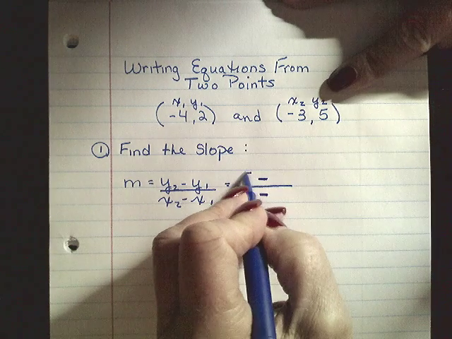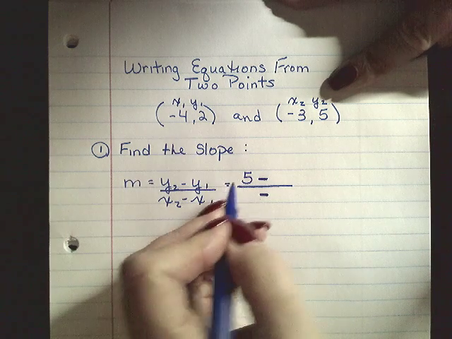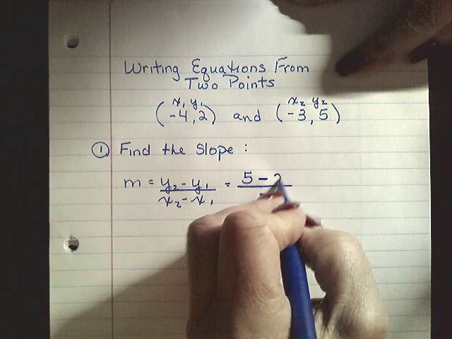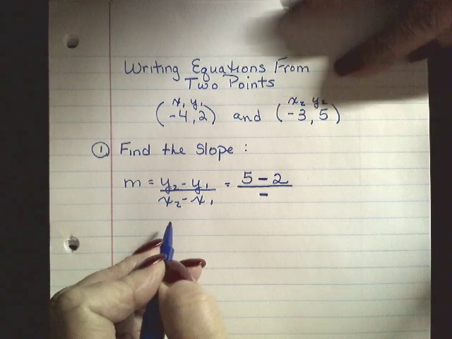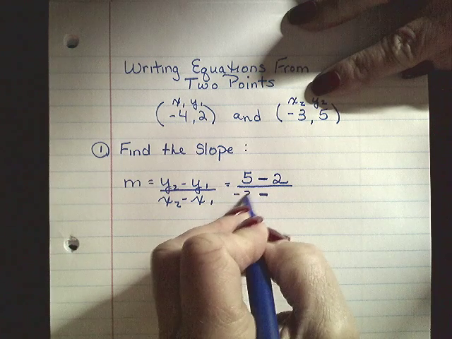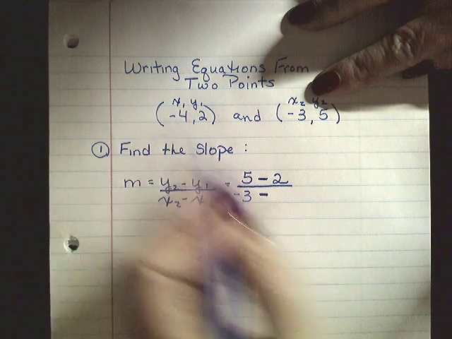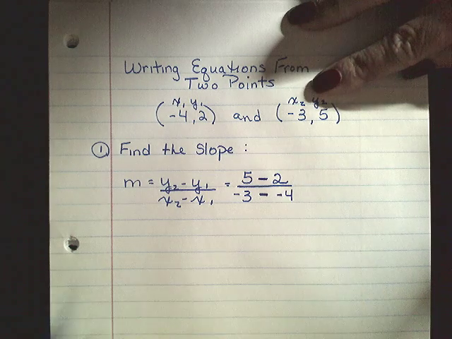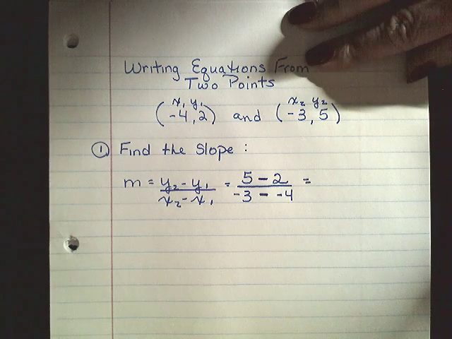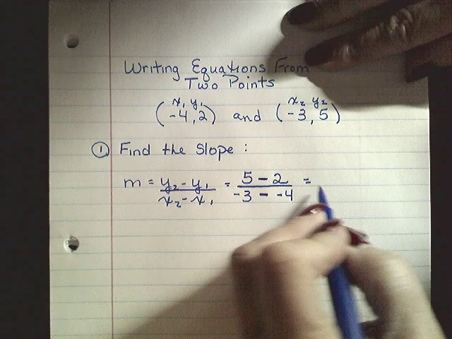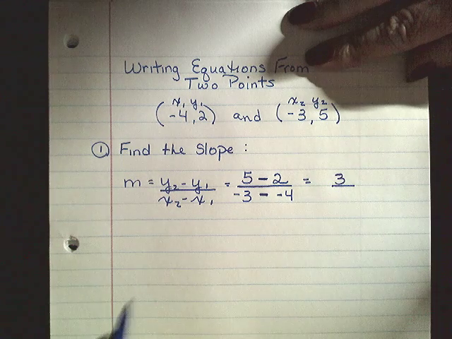My y2 is 5 and my y1 is 2. My x2 is -3 and my x1 is -4. So I'm going to have 5 minus 2, which is 3.